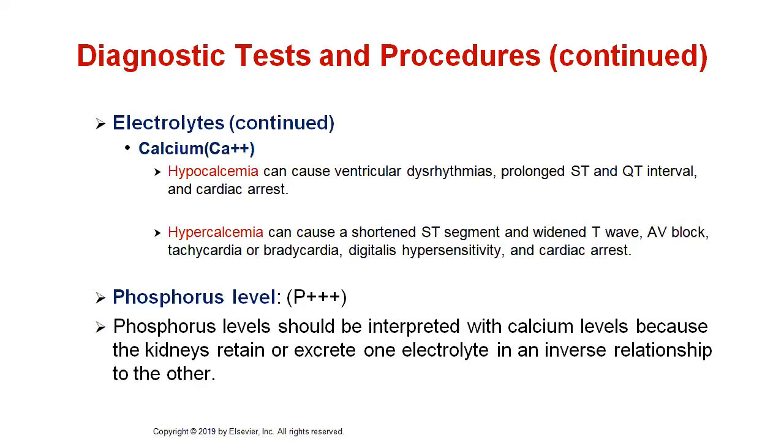The signs and symptoms of hypocalcemia are numbness and tingling sensation in the extremities and around the mouth, muscle tremor, or cardiac dysrhythmia. Dysrhythmia means the heartbeat is not normal, either less than 60 or more than 100, either bradycardia or tachycardia.